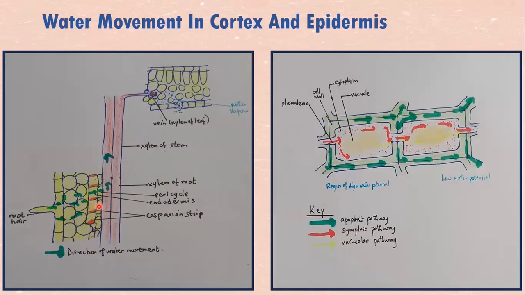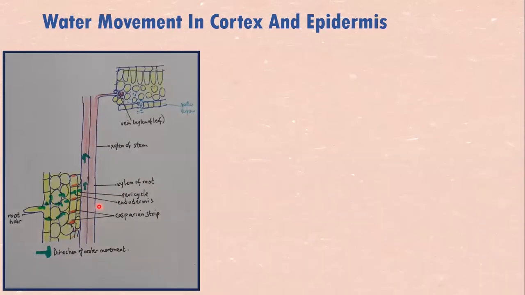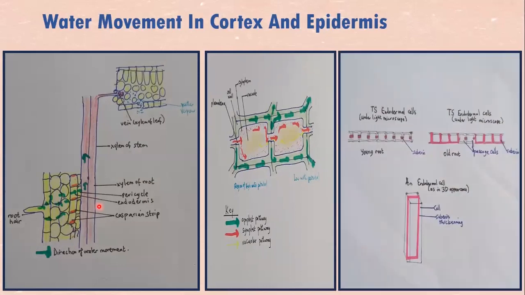And we want to explain this by showing the endodermal cells, as we talked about in our earlier lessons in plant tissues. This is the endodermis. These are suberin, waxy substances that form a strip. That's the Casparian strip. And once the Casparian strip is there, water cannot move through the cell walls.